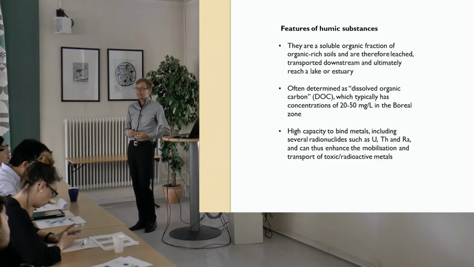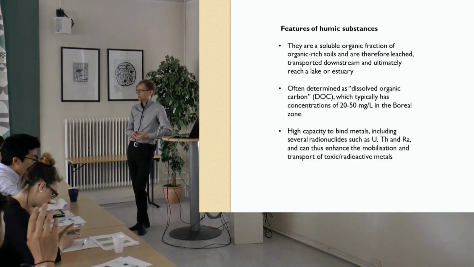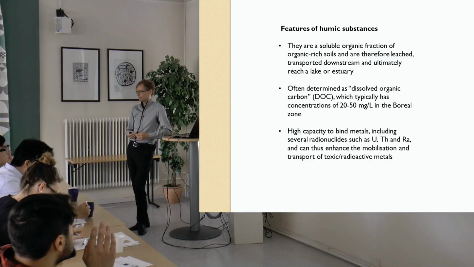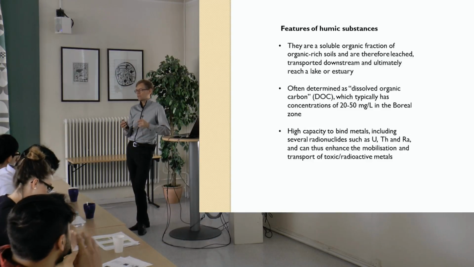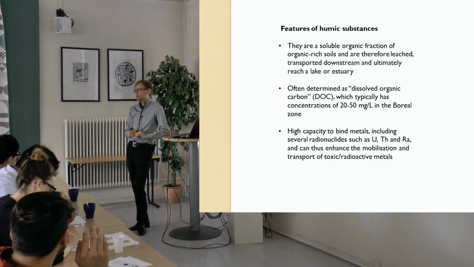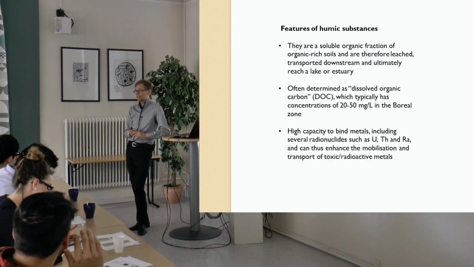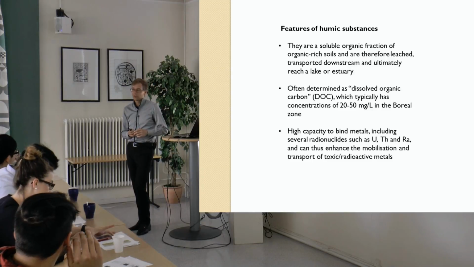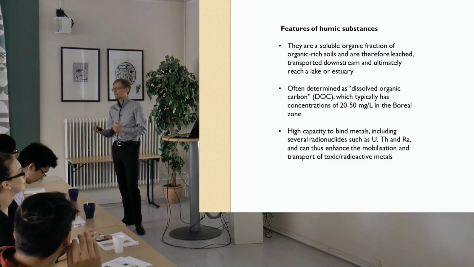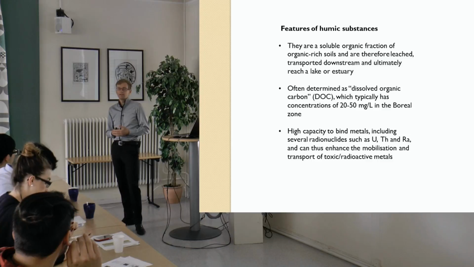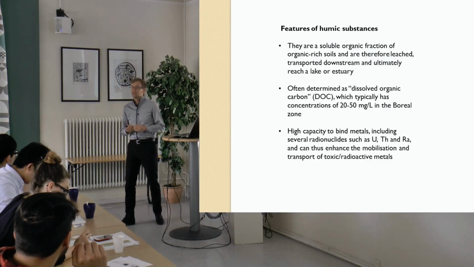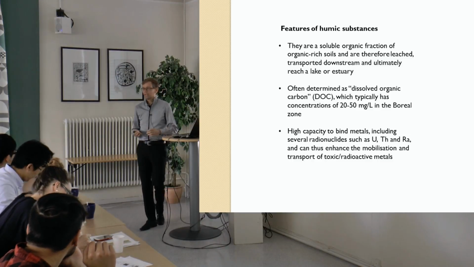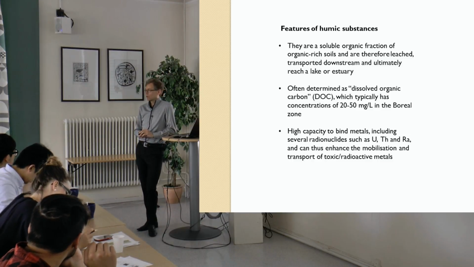But they have an impact, especially when it comes to transporting other elements, because they are quite large organic molecules with high capacity to bind metals. A metal like thorium or radium may be quite insoluble and immobile, but if they bind to organic substances, they can travel large distances and enter ecologically important systems and so on.